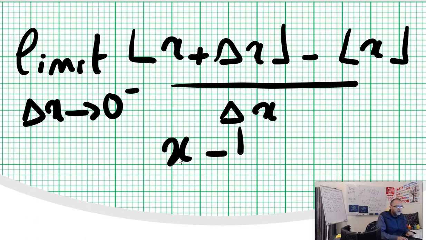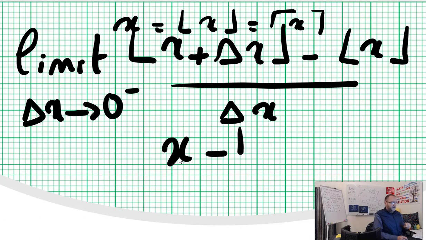And what's the floor function of x? It's x. Remember, when x is an integer, we said x equals the floor function of x equals the ceiling function of x, not a value between the integers like pi. So in this situation, I get x minus 1 minus x, divided by delta x.